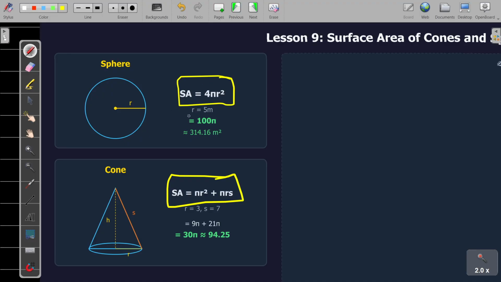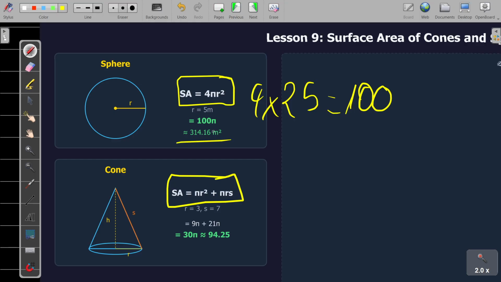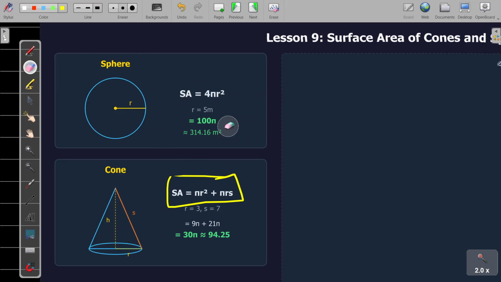So 4 times pi times 5 squared, and 5 squared is going to be 25, of course. So 4 times 25 is going to be 100. And the exact answer is going to be 100 pi. And in the calculator, it should be equal to 314.16 square meters. That's for our sphere right there.